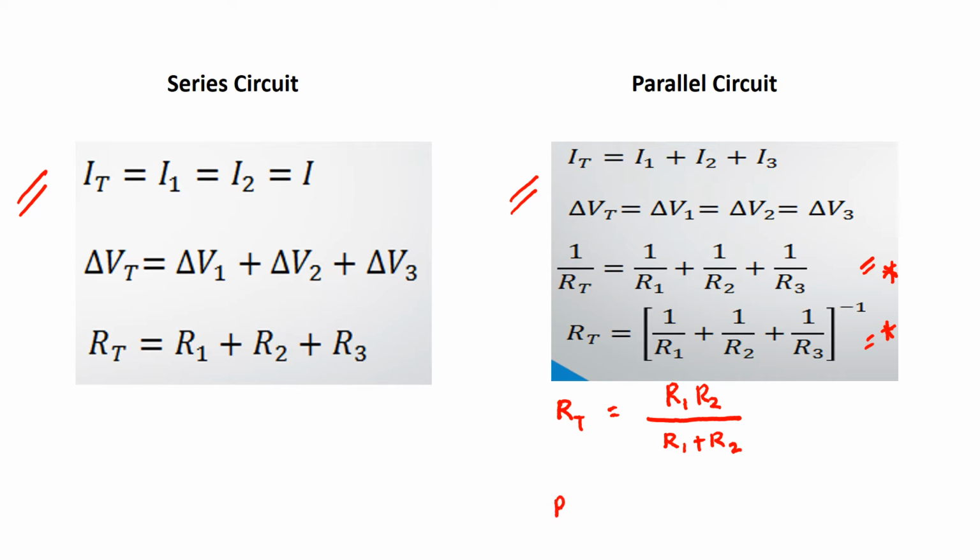And if you have three resistors, that's going to be the product, so that's R1 times R2 times R3 divided by, now the sum would look a bit different, it's going to be R1 times R2 plus R2 times R3 plus R3 times R1. So again, this is how we could also solve for the equivalent resistance of resistors in a parallel circuit.